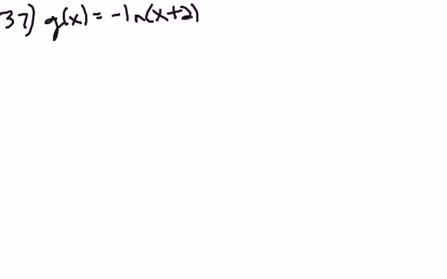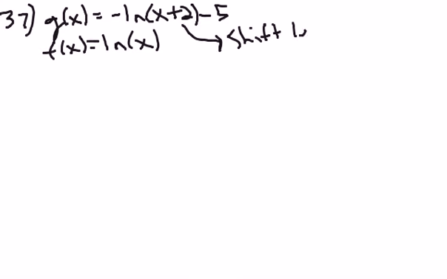Let's keep going with 37. We're going to get back into some graphing. It gives us the function g of x equals negative ln of x plus 2, minus 5. To do this, I'm going to practice with graphing the natural logarithm itself and then use the transformation. If I let f of x be the parent function ln of x, we can compare. The plus 2 is shift left 2 units.